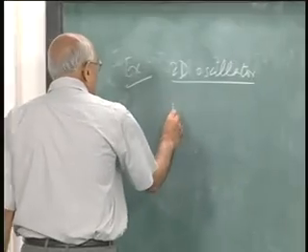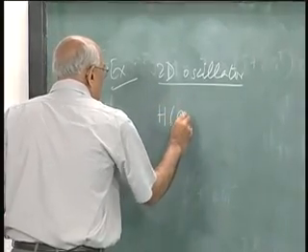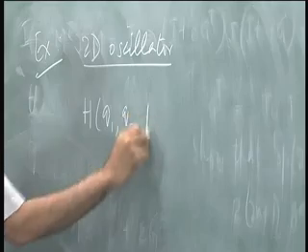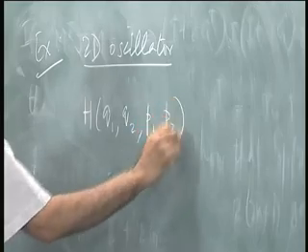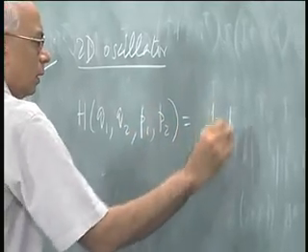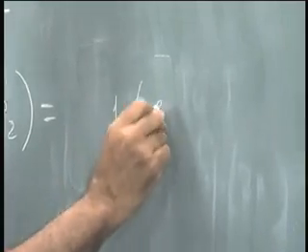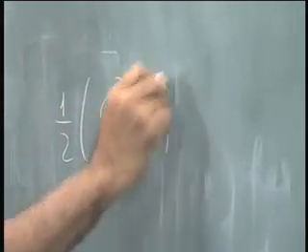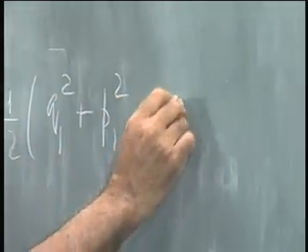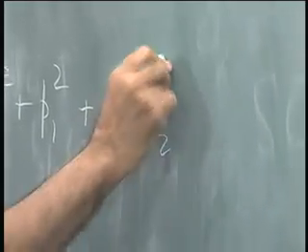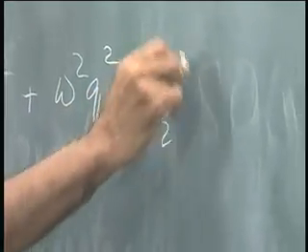So I write the Hamiltonian H(Q1, Q2, P1, P2) to be equal to 1/2 (Q1 squared plus P1 squared plus omega squared (Q2 squared plus P2 squared)).